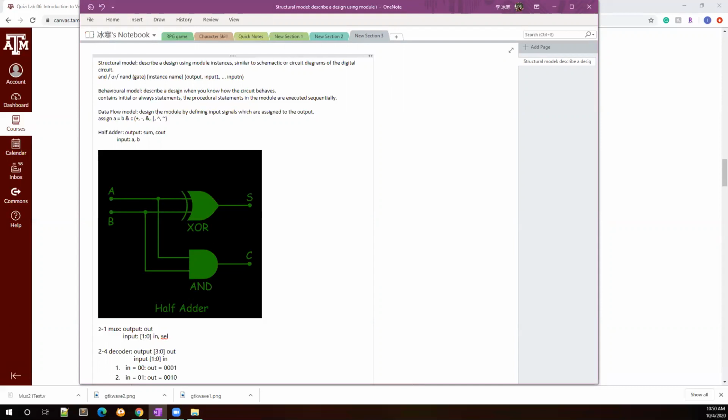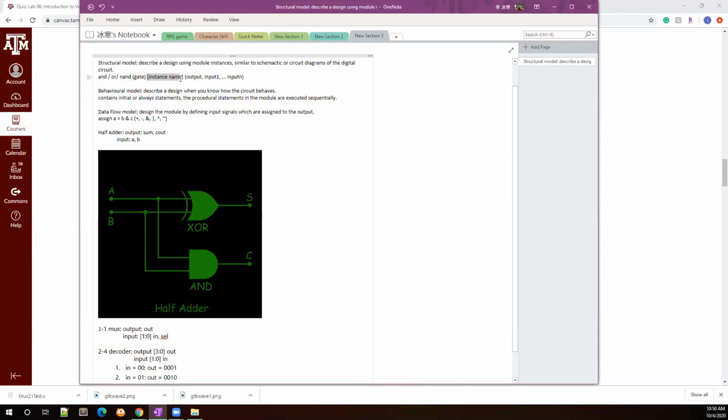The language supports multiple gates, such as AND gate, OR gate, NAND gate, normally followed by the gate instance.